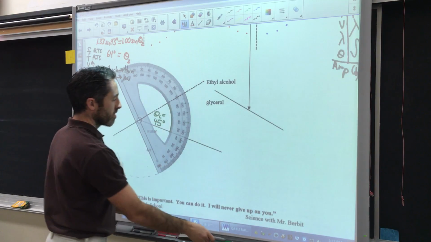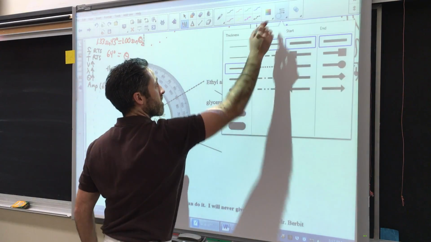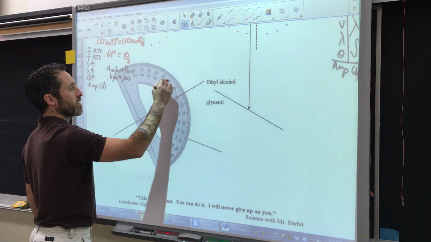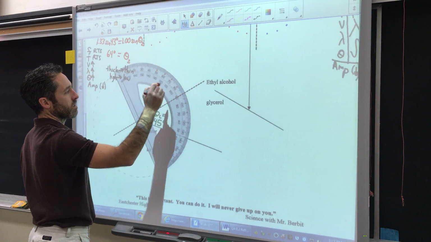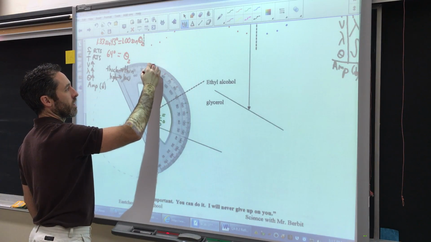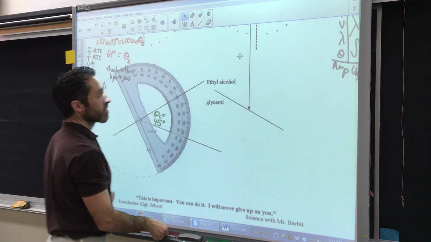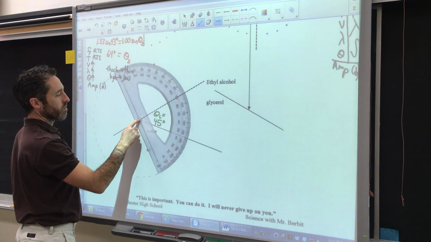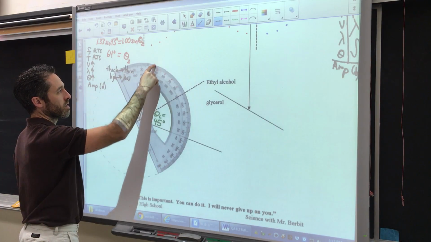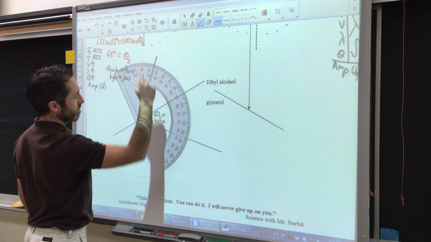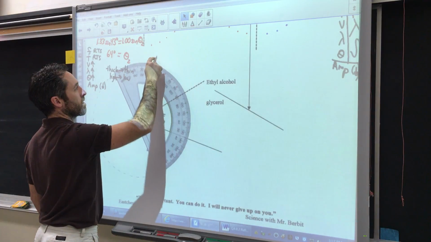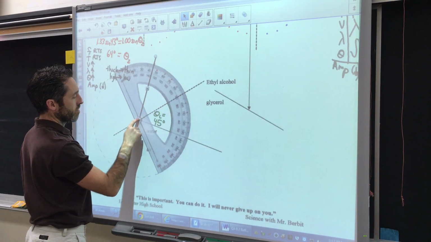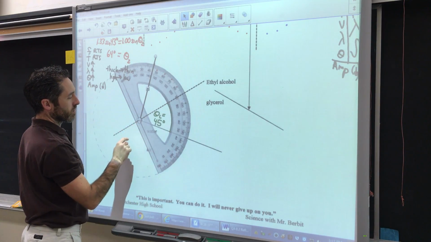45 degrees. Now you'll have a reflected ray that is also 10, 20, 30, 40, 45 right there. So you have to run through that location. Go directly from your point of contact through the 45-degree line. Mine's a little bit off. There we go.